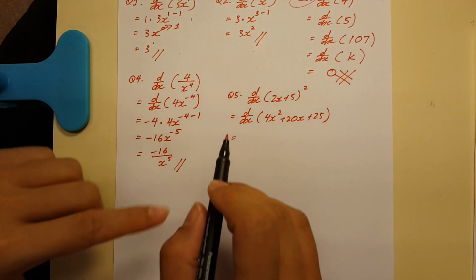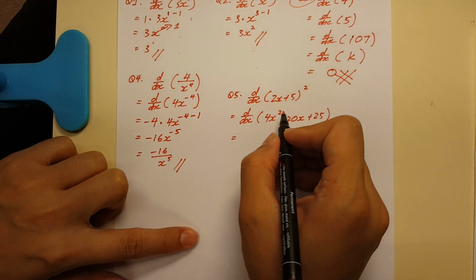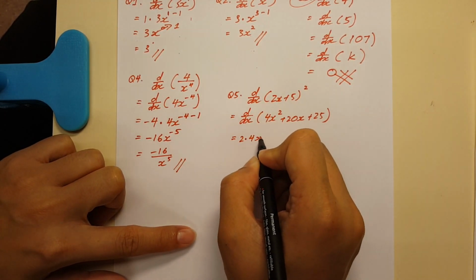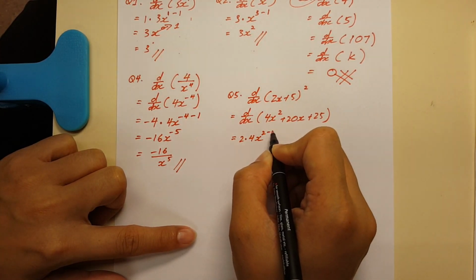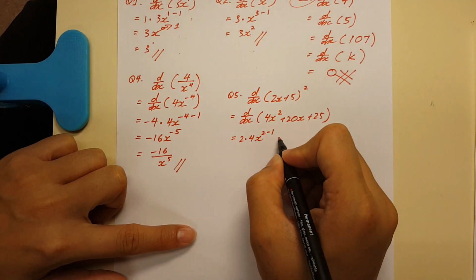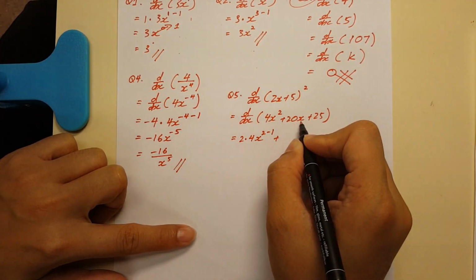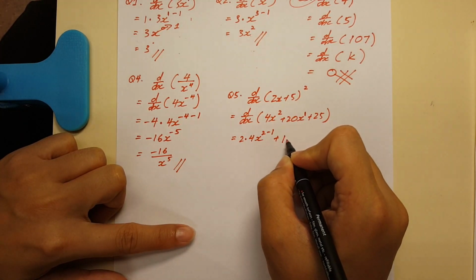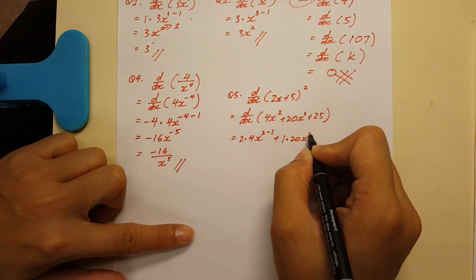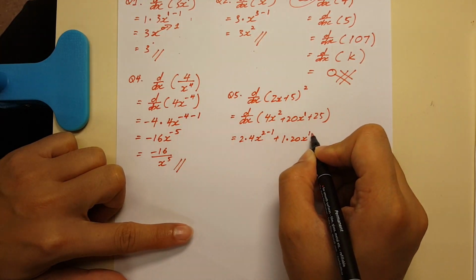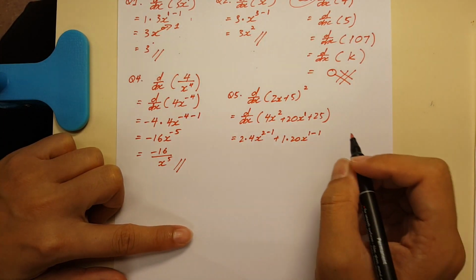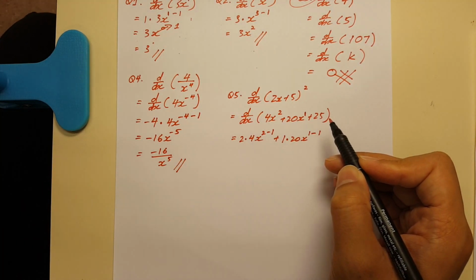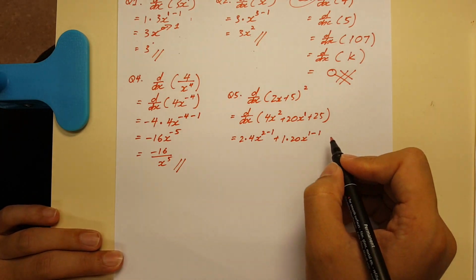Okay, so the differentiation of 4x squared, basically 2, I bring it down, right? So it's 2 times 4x to the power of 2 minus 1, right? Same goes for the 20x, right? It's actually power of 1, right? So it's just 1 times 20x to the power of 1 minus 1. Okay, and the back here is a constant, so you know differentiation of a constant is just gone, 0, right? So if you want, you can just put it here, 0.